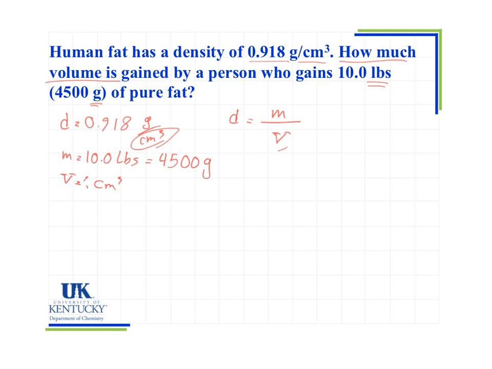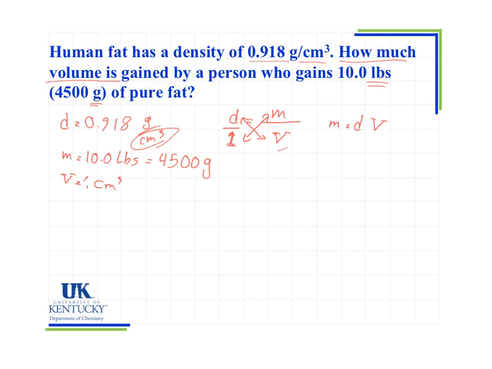So sometimes students make a mistake. They bring the m on the other side but leave the volume in the denominator, which is wrong. It doesn't work that way. So we have to solve this for volume. If you multiply these two, you have m equal d times v, and we are trying to solve it for v.